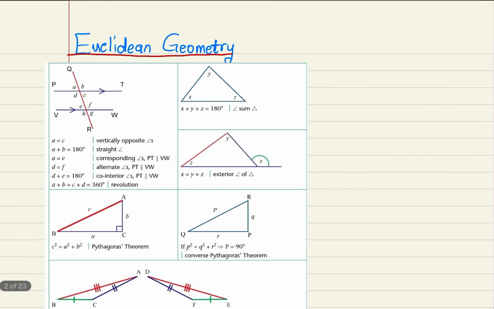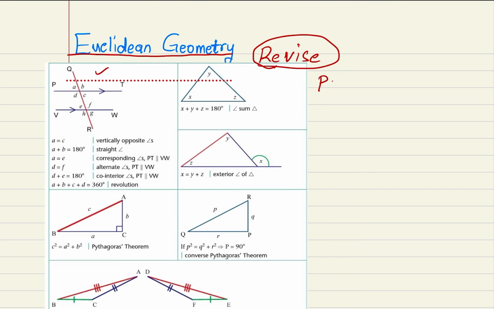Step number one, we are going to revise our information. So this is called revision. Since we are going to revise, we are going to check some few things that you know. Number one, on this one we speak of what we call parallel lines.